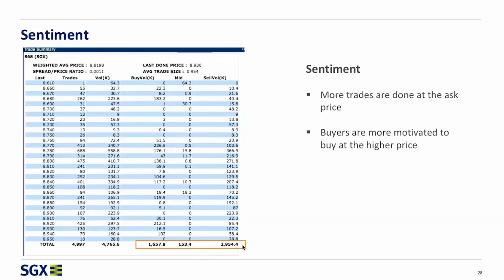So they are aggressive, interested to buy at a higher price, versus the volume transacted at the bid side. As long as you see a relatively huge difference, at least twice, and here it's almost near twice, then you can gauge that the sentiment is tilted towards bullish, because buyers are motivated to buy at the higher price.